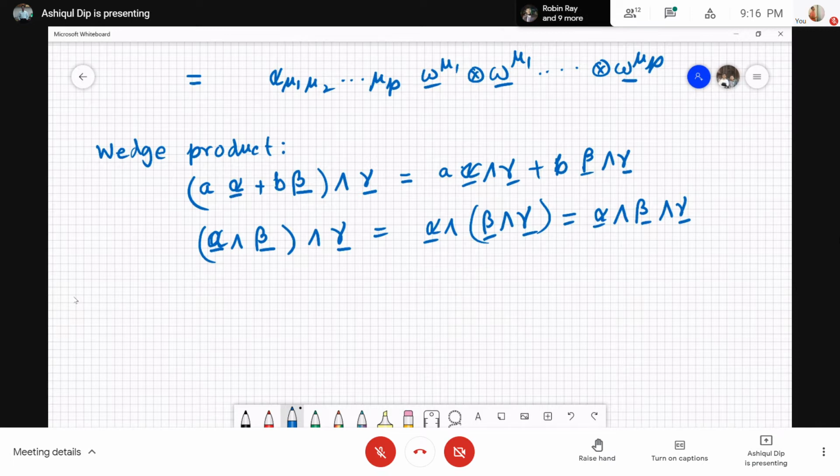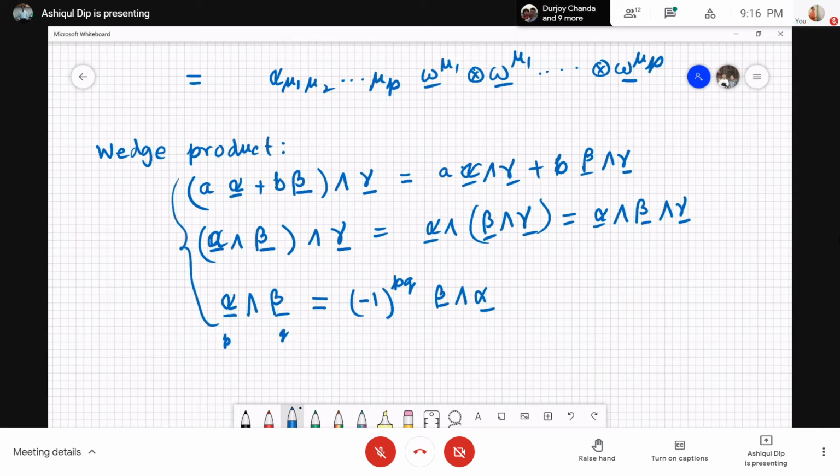Okay, and the third defining property is if alpha is a p form, specifically we are saying now, and beta is a q form, then alpha wedge beta should be equal to -1 to the power p times q beta wedge alpha. These three are the fundamental defining properties of wedge product. You can apply this to any arbitrary p forms. So let's apply for two one forms, then we'll understand.